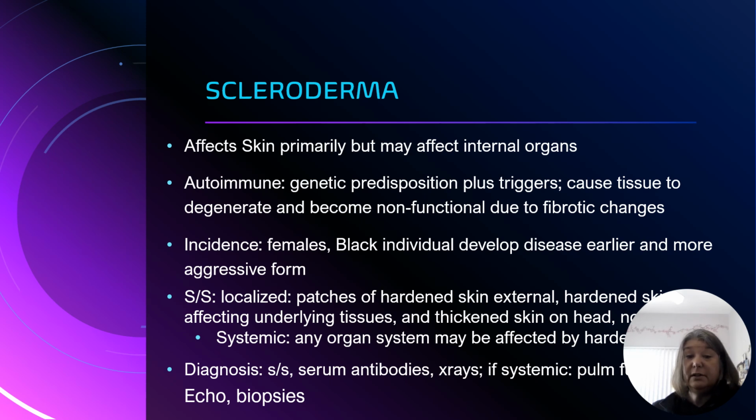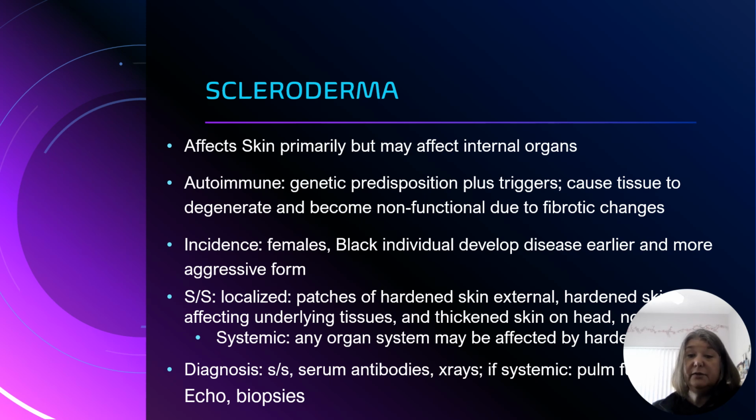So then systemic sclerosis is divided into categories of diffuse and limited. So at that point, what organs are involved? How deep does the involvement go? How many organs, right? And all of that.